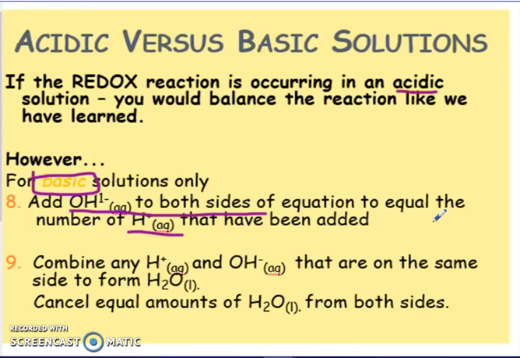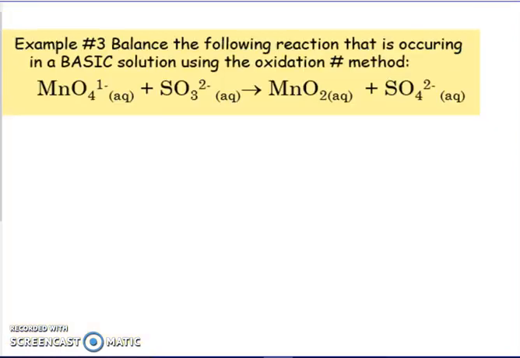That means on the reactant side you would add 5 hydroxides, and on the product side you would add 5 hydroxides. For however many you had to add to balance the hydrogens, you add the same number of hydroxides to both sides. Then, if you have hydrogen and hydroxide on the same side of the reaction, we are going to make water, because H and OH together make H2O. And lastly, we're going to cancel out whatever we can for the water on both sides. Again, it doesn't make much sense until you see it happen.